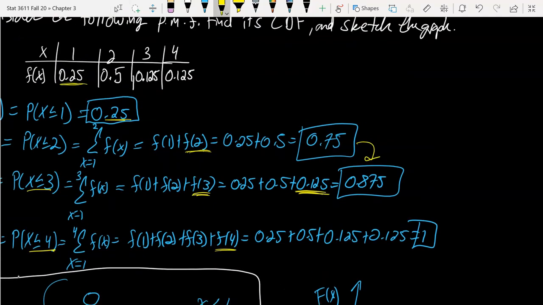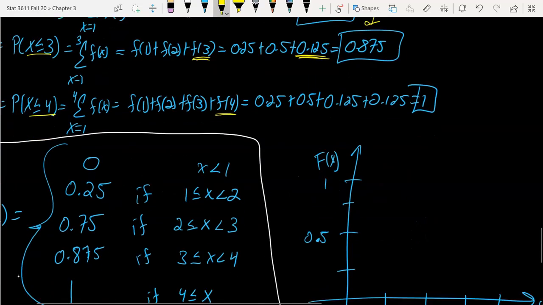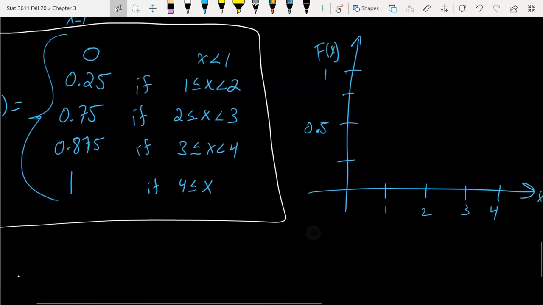And then as soon as x gets to 1, we have a probability of 0.25. So let me put that there. Now, anything below that, we don't get any probability.